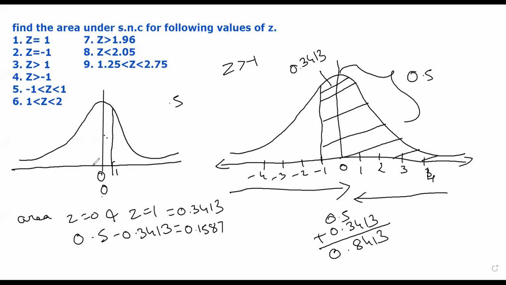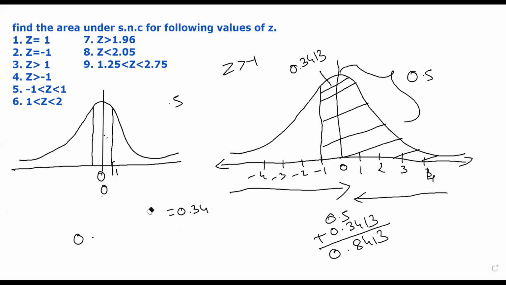And suppose this is z is equals to -1. Because this curve is symmetric over the axis z is equals to 0, there is going to be the same area on both the sides. It means ये एरिया अगर 0.34 है तो ये भी एरिया 0.34 है. But I want area between -1 and +1. So I want this complete area.